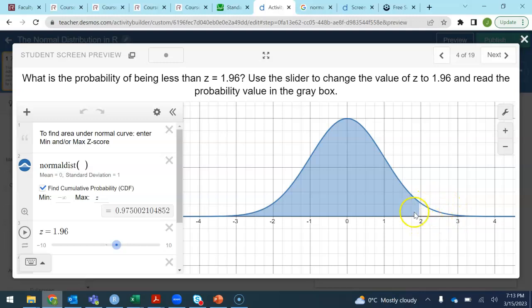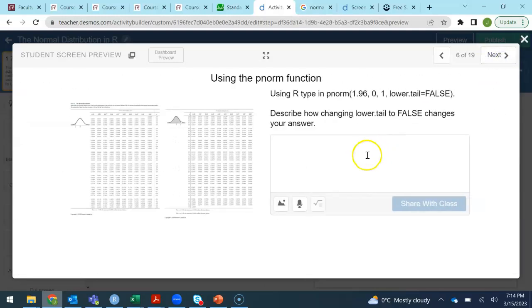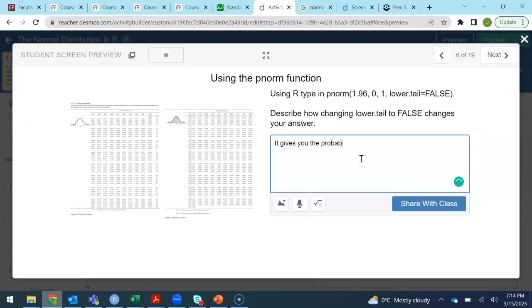This leftover area or probability in the white here. So less than 1.96 is about 97.5%. Not less than 1.96 is about 2.5%, this leftover in white. So how does it change your answer? It gives you the probability of being greater than 1.96 instead of being less than it. This is about 2.5%.